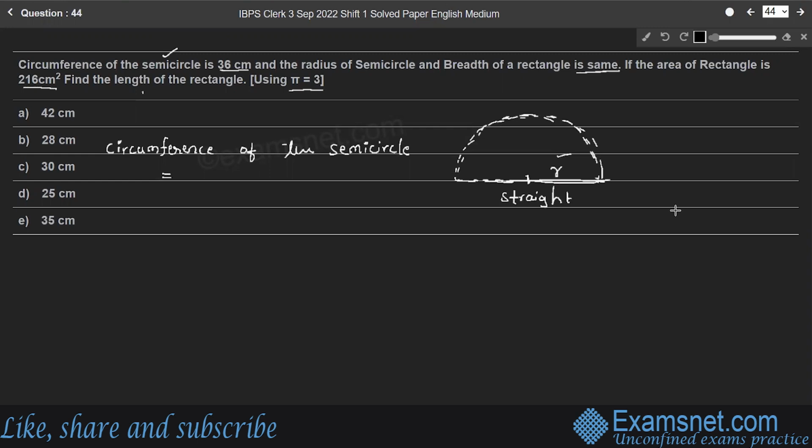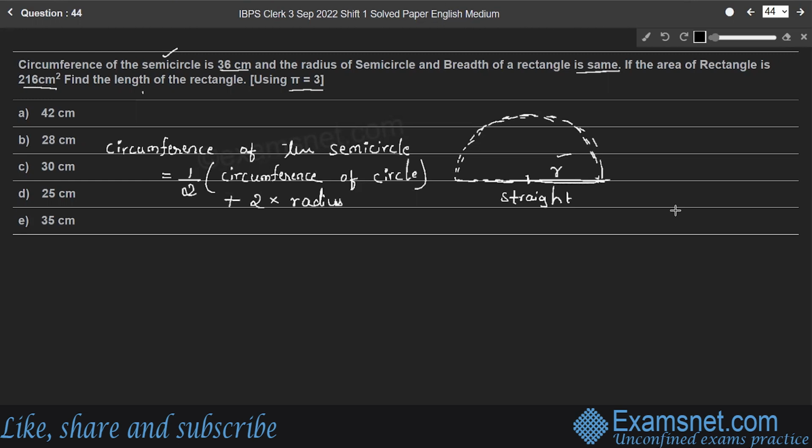Therefore, circumference of the semicircle is half of circumference of circle plus 2 times radius of the circle or semicircle. Both are same.